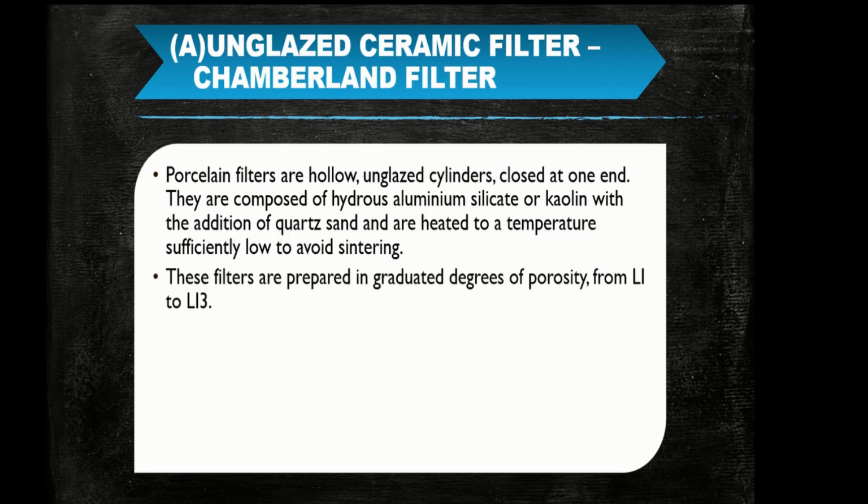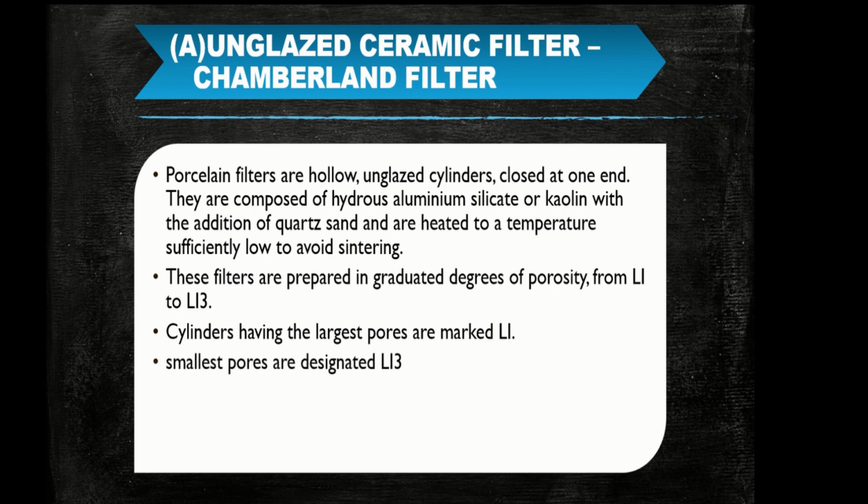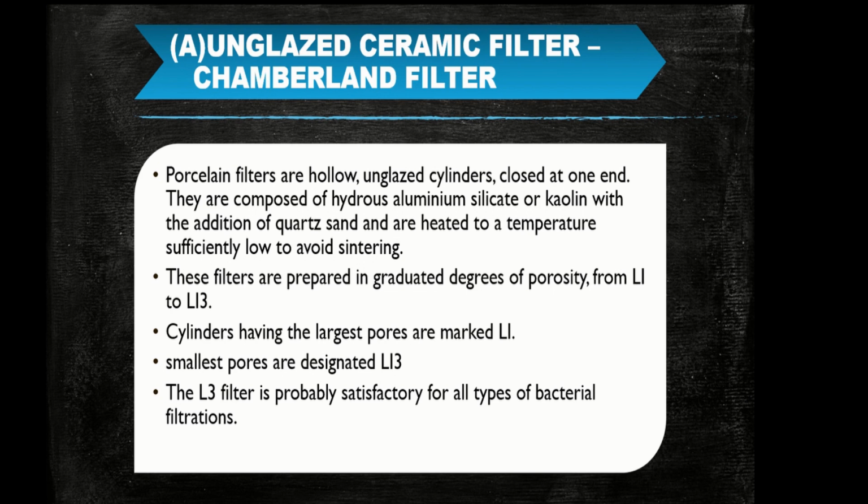These filters are prepared in graduated degrees of porosity from L1 to L13. The largest pores are marked L1 and the smallest pores are designated L13, so depending on the pore size they are graded from L1 to L13.